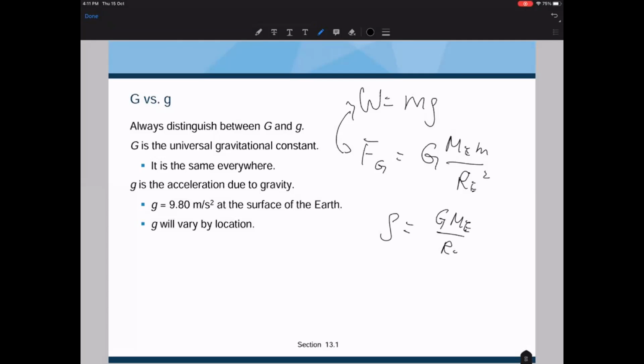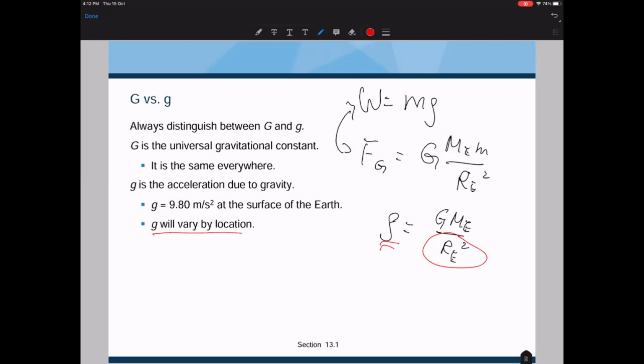g equals GME over RE squared. Be careful that g here is at the surface of the Earth. And g would vary according to location, because different locations have different distances from the center of mass of the Earth, and therefore it could make a difference in the value of small g.